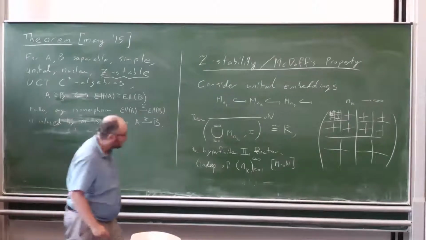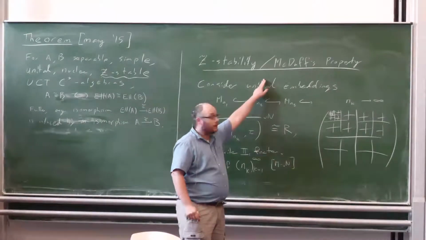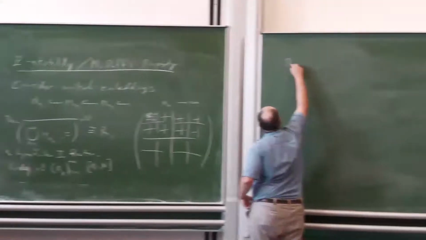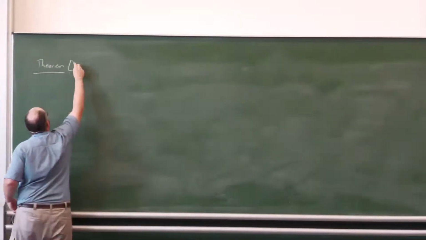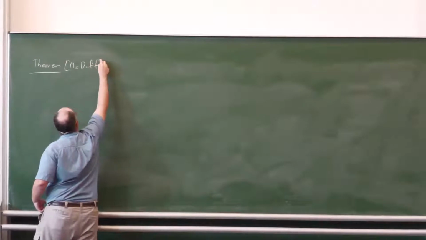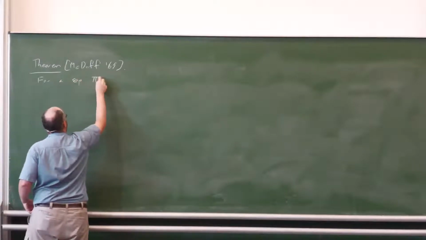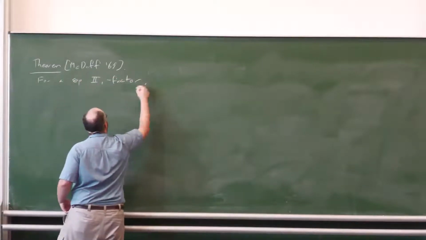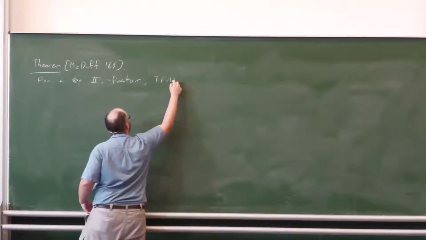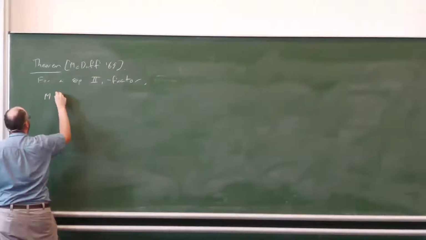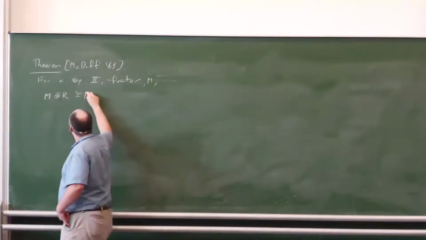But what McDuff's property is, well, there are two equivalent conditions. One of them is a tensor product property: for a separable II_1 factor M, M tensor R is isomorphic to M, that is, M absorbs R under tensor product.